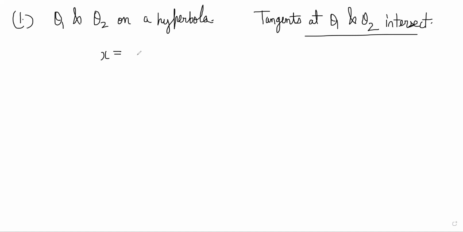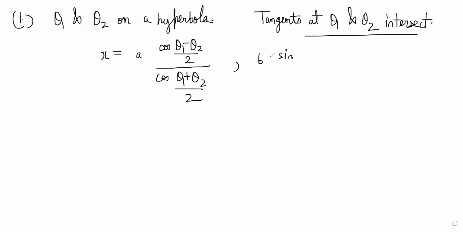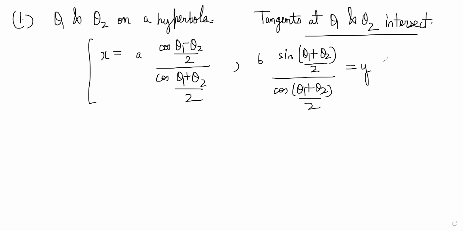The point of intersection would be a cos of (theta 1 minus theta 2) by 2 by cos of (theta 1 plus theta 2) by 2, comma, b sine of (theta 1 plus theta 2) by 2 by cos of (theta 1 plus theta 2) by 2. This is your y. Remember, we had written a similar thing for ellipse also.